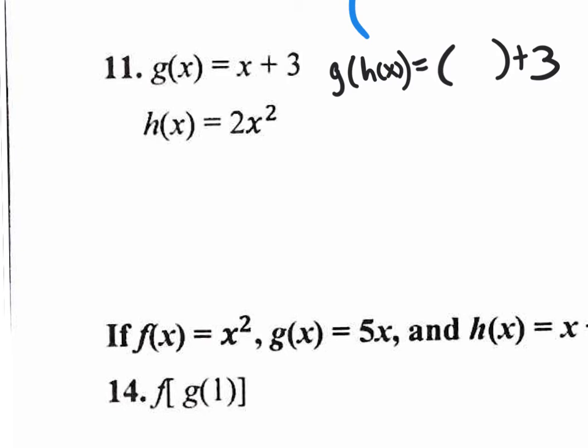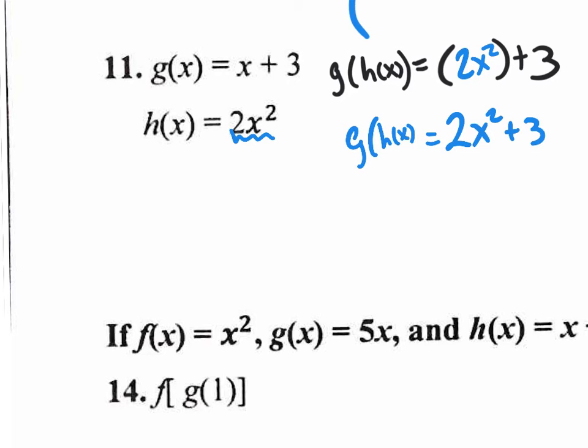But it's not g of 5, it's g of h of x. What is h of x? H of x is 2x squared. So plug this 2x squared right in there. There is nothing to distribute, nothing to multiply, so that's your answer, 2x squared plus 3. That's your g of h of x.